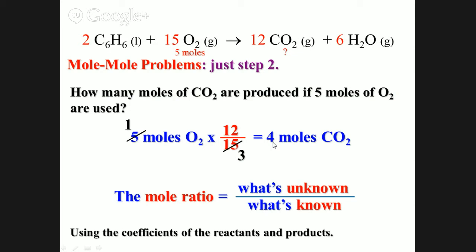So the ratios always have to be maintained. That's the purpose of our equation. It tells you how everything in the equation relates to everything else. And again, the mole ratio is what's unknown, the question mark, over what I already know, and we use the coefficients out front to do that mole ratio.